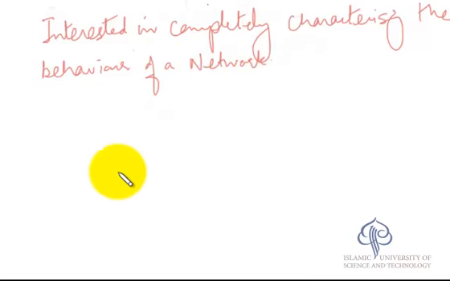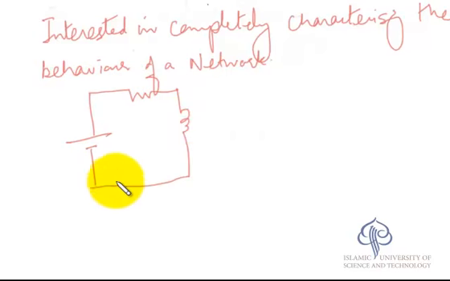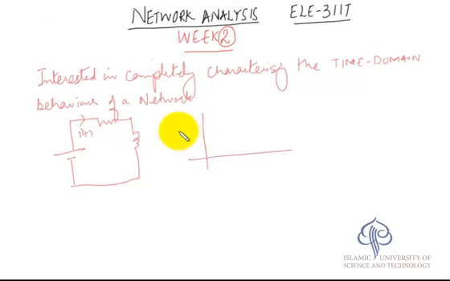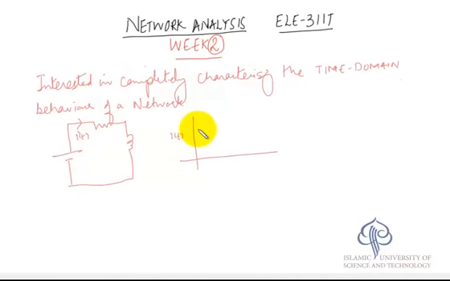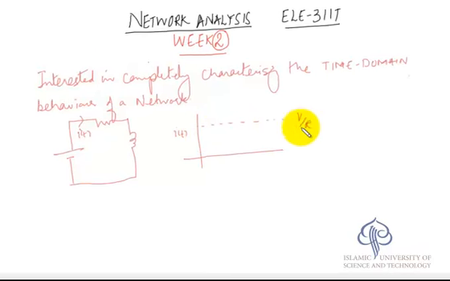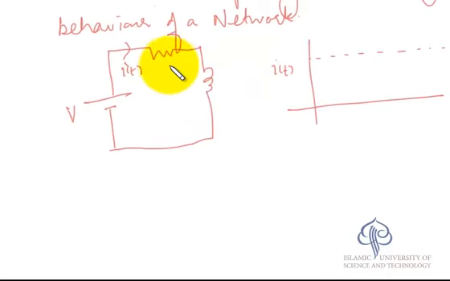This actually means that, for example, if you have a circuit which we saw last time, with a resistor and an inductor, the current response of this circuit is going to be something like this. It's going to have a steady state value, which is V by R, wherein V is the voltage, R is the resistance, L is the inductance.